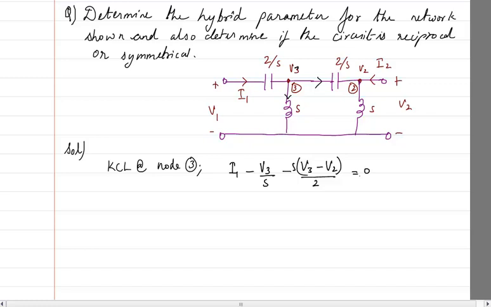Correct? So I can write I1 is equal to, if I take the other side, (1/S plus S/2) V3, and then minus S/2 into minus V2 is plus, which if I take the other side, it becomes minus S/2 V2. So this is my equation number 1.